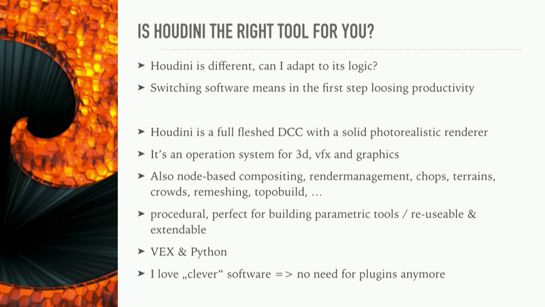My experience as a trainer, and I hope I'm a good trainer, is 1 to 2 years. So you have a gap. Say you are a really good one, 1 year. You have 1 year where you have to learn a new software, and then you are at the same productivity level as you were before.